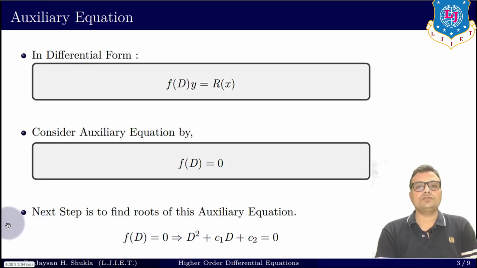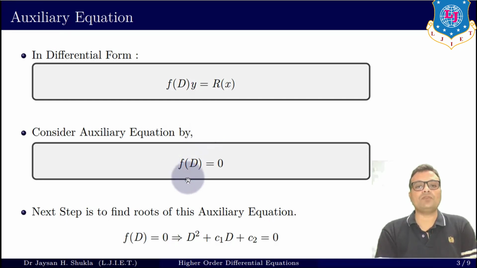Now let us move to the complementary function as a part of the general solution of the given higher order differential equation. First of all, given the differential form of the equation which we already derived, f of D y equal to r of x, we need to consider one equation which is known as the auxiliary equation.